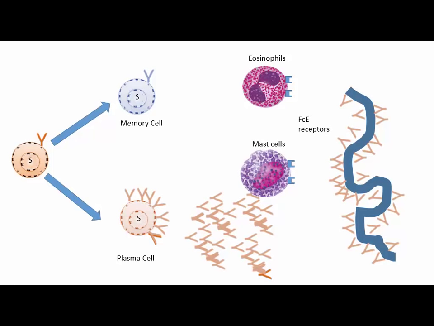And unlike the neutrophil, which took the infectious agent into its cell and degraded it, in this scenario we can see that the worm is actually going to be too large to take into the cell and degrade it.